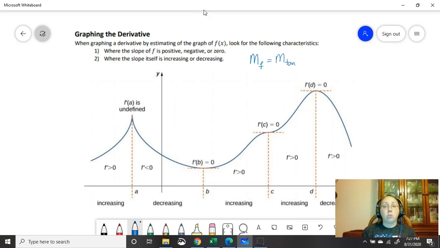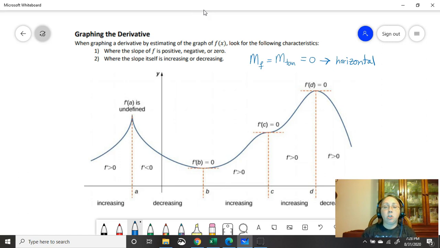So if the slope of our function, or the slope of the tangent line, is, for example, 0, what does that mean about our function? Well, if the slope is 0, that means the rise is 0, but the run is a number. So we're in a situation where we have a horizontal tangent line. Remember, slope is 0 means horizontal tangent line.